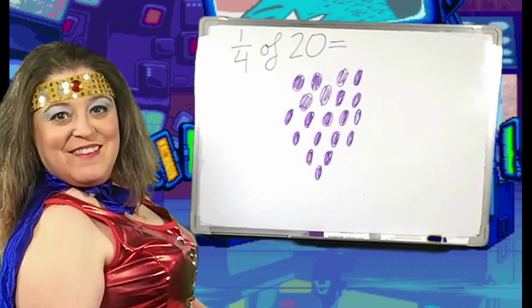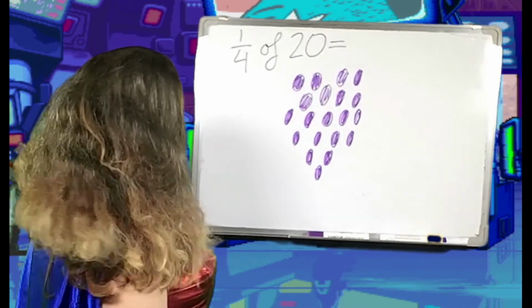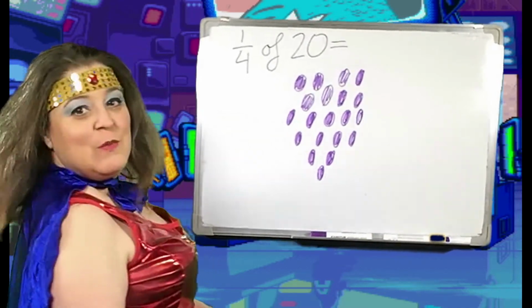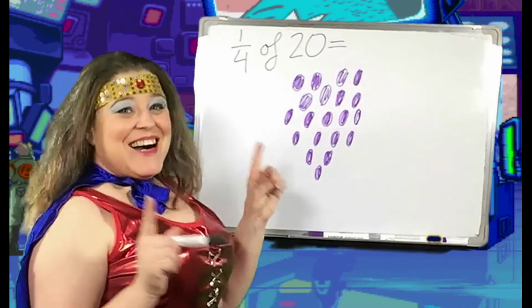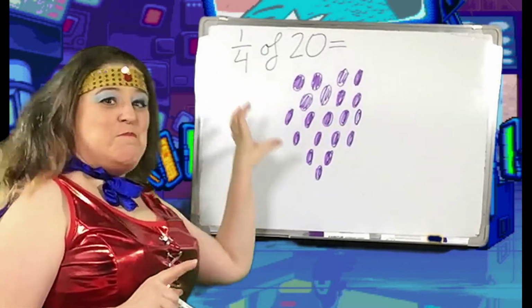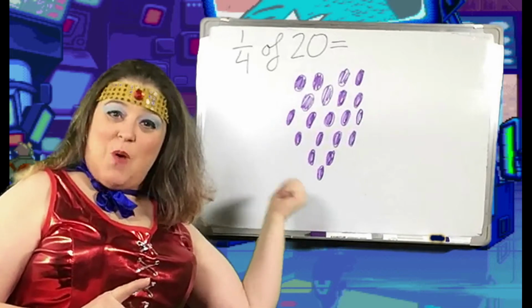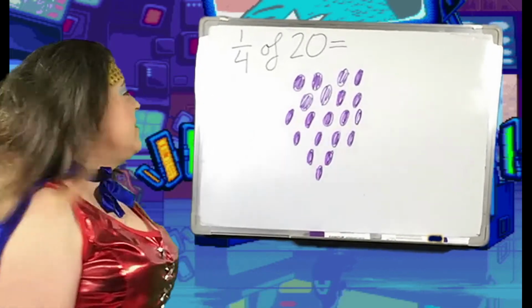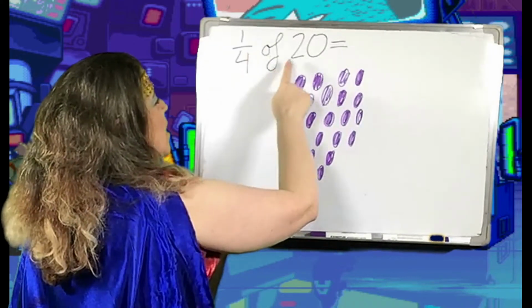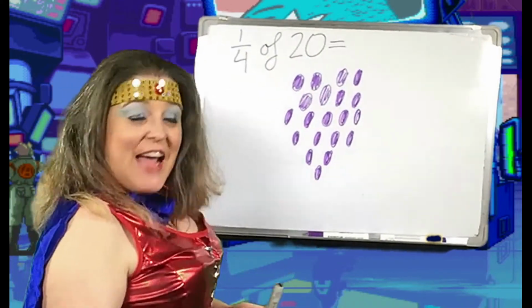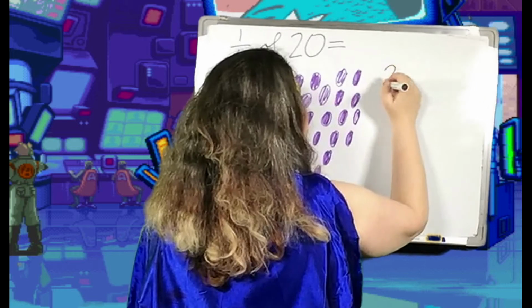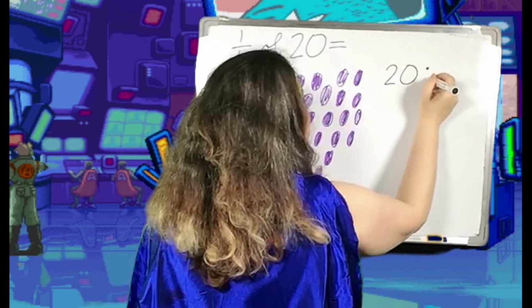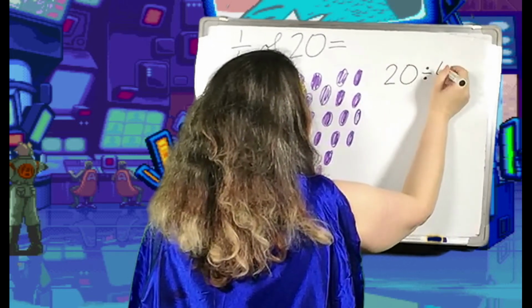Have you worked it out yet? Well, I think the best way of working this one out is through division. 1/4 of 20 we can write as 20 divided by 4.